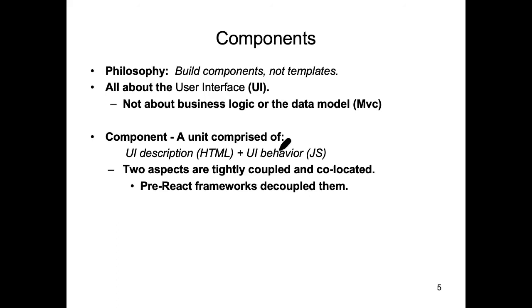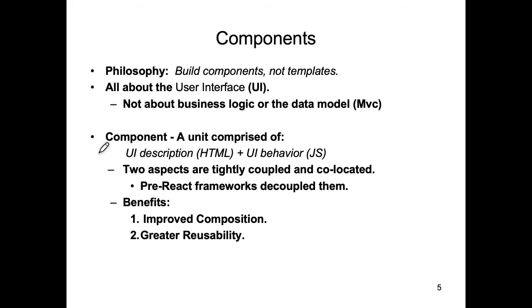What was unique about React back then, though it isn't unique anymore, is that both the UI description and the UI behavior physically existed in the one file, in the one module or the one unit, if you like. They were co-located. That wasn't the case in all of the other frameworks, its competitors back in 2012, 2013. So there was tight coupling.